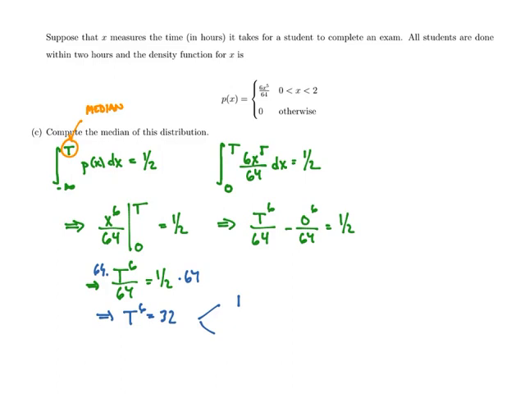So we're going to say t is equal to the 6th root of 32, or we can write this as 32 to the 1/6 power. Either way, you get the same answer, and that's going to be about 1.78 hours. Similar to the time that we got for the mean, which means that this is not going to be very skewed one way or the other.